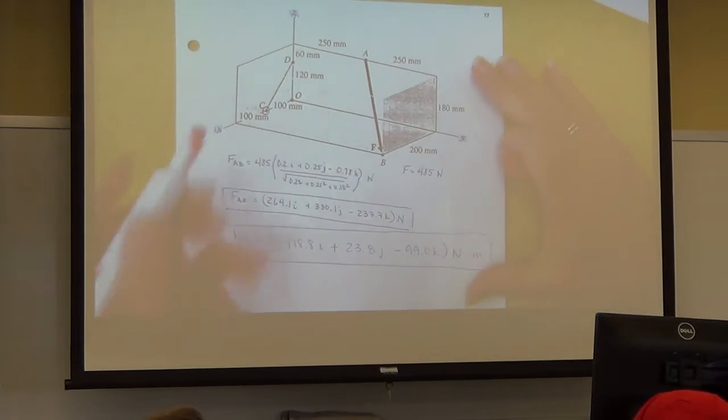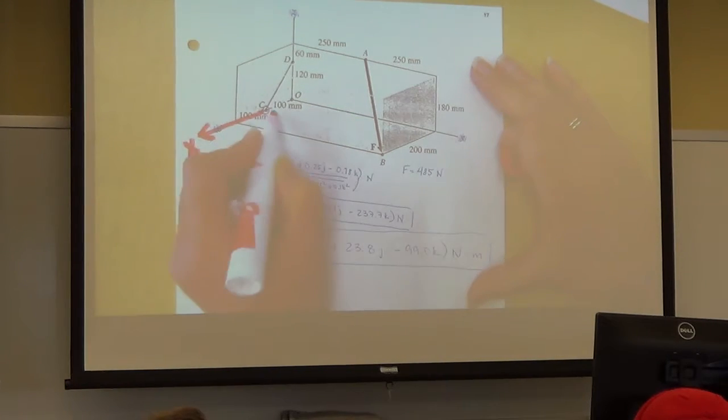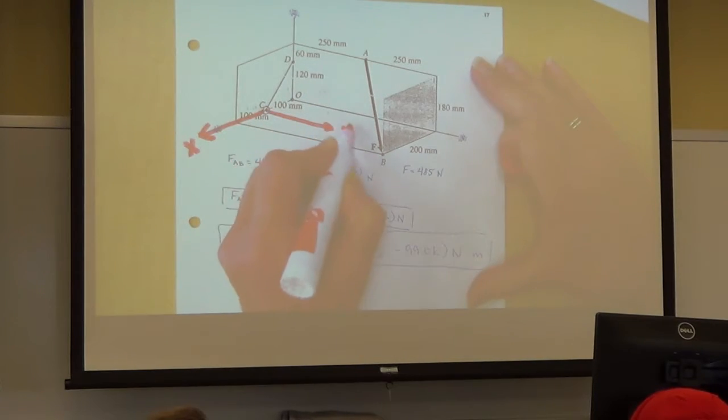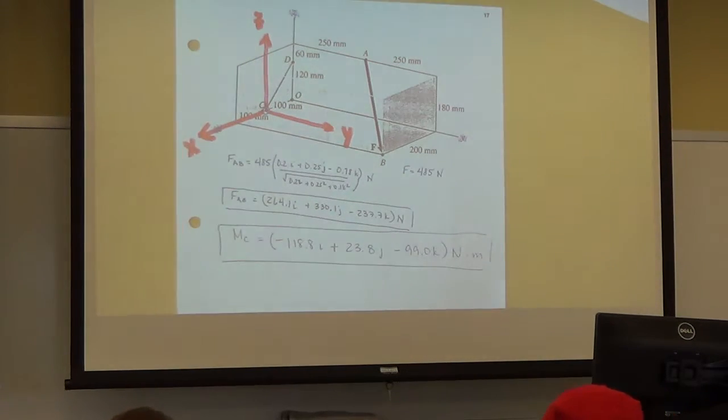I'm finding out the moment in the x through C, in the y through C, and the z through C. You don't have to cross out the X, Y, and Z, but just make sure that you're meticulous so you're not checking the wrong axes. We are calculating the moment about point C.